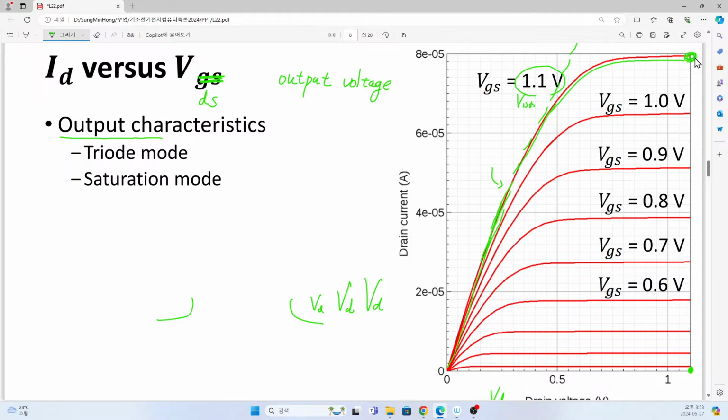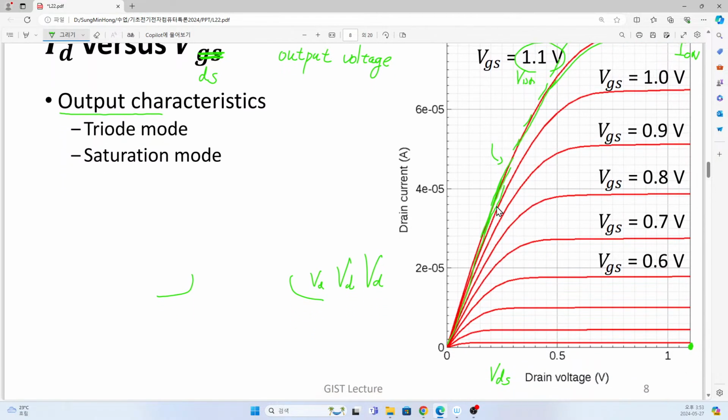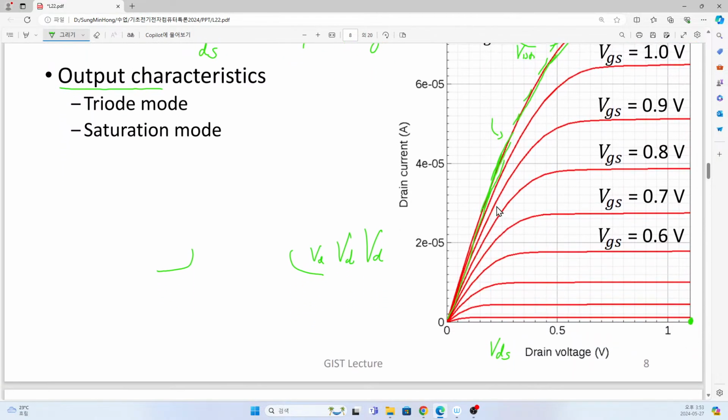So this point is corresponding to our on current. Certainly, this on current is saturated and nothing related with this linearly increasing curve. Okay, then if I ask you this question, how can you answer? Where can you find the off current?